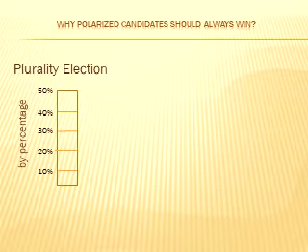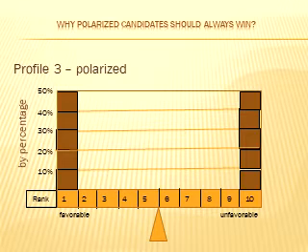But this is what I see. He gets little or no support in a plurality election. A polarized profile results when a candidate receives lots of first and last place votes with few in the middle. Voters either love him or hate him.